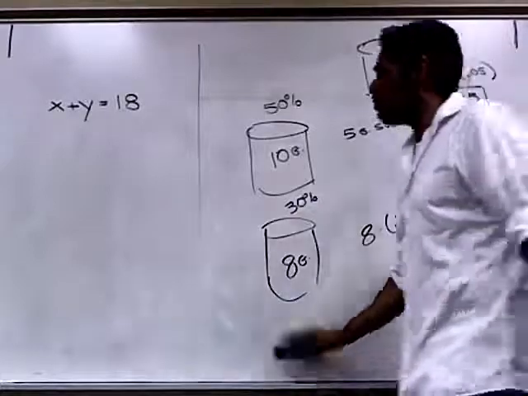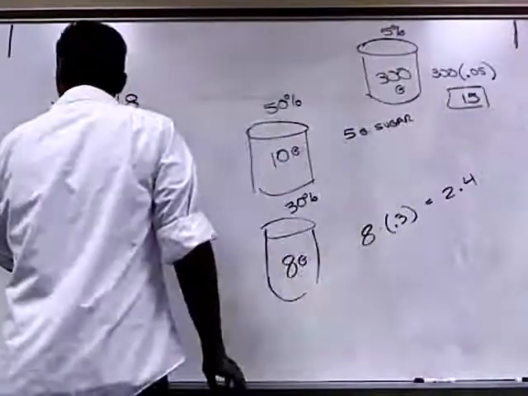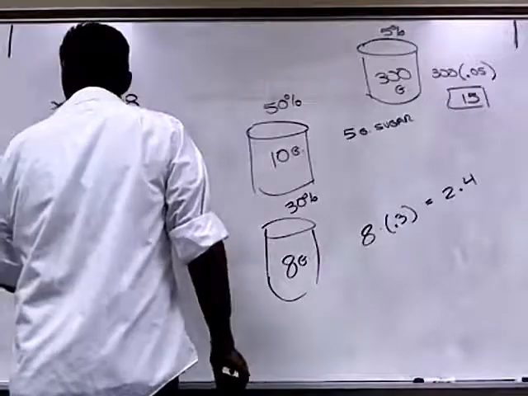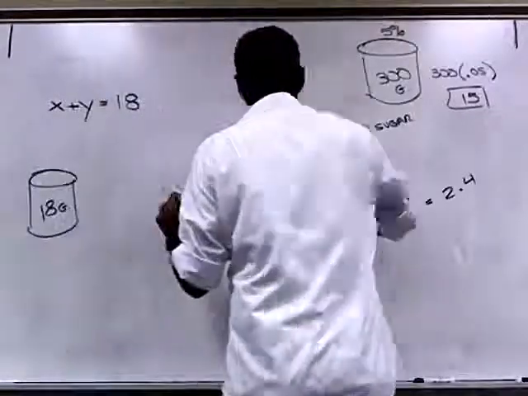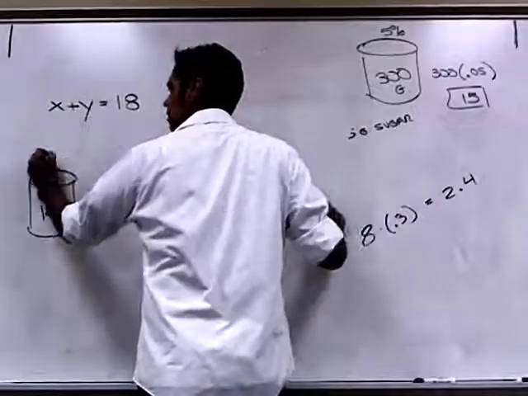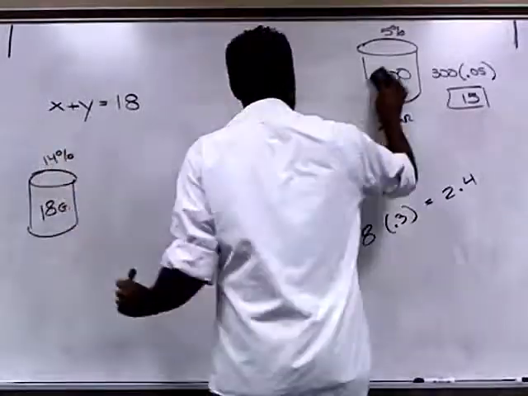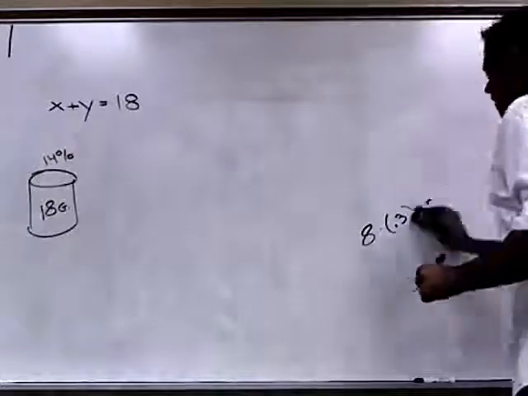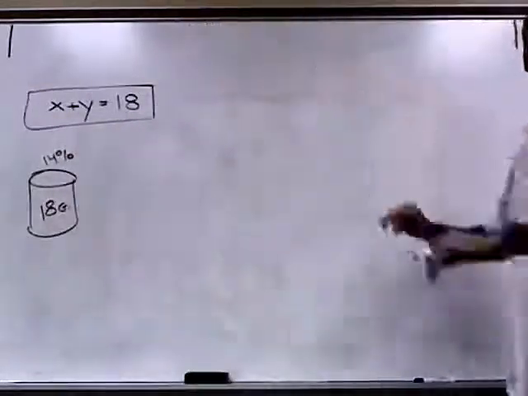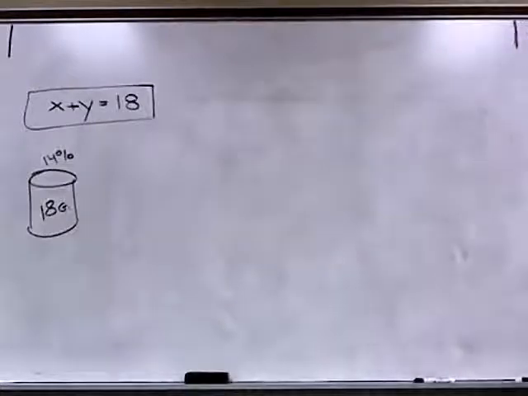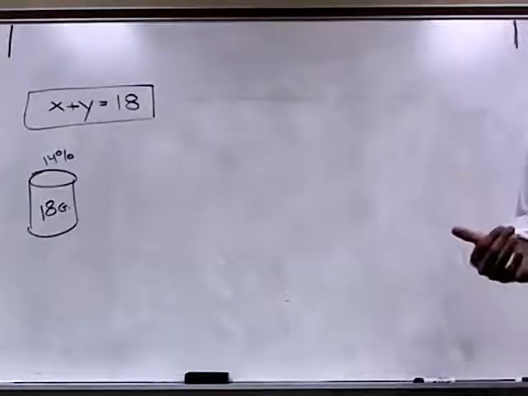So going back to our problem, our final mixture needs to be how many gallons? 18 gallons. What does our concentration need to be? We want it to be 14%. So my first equation I've already done, that's sitting there tucked away, ready for us to work with. My next equation is all about the sugar, or the alcohol.